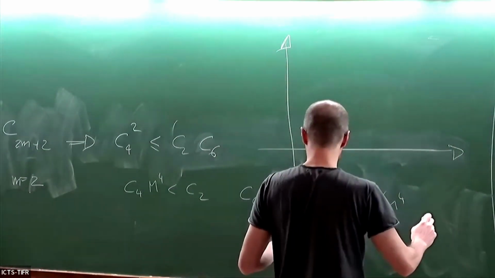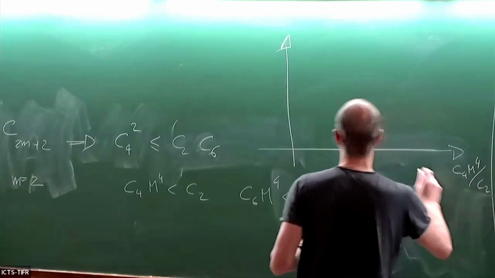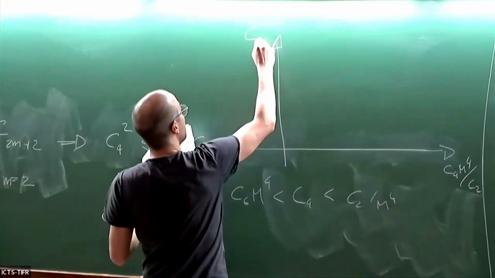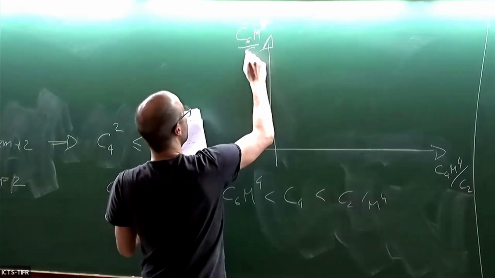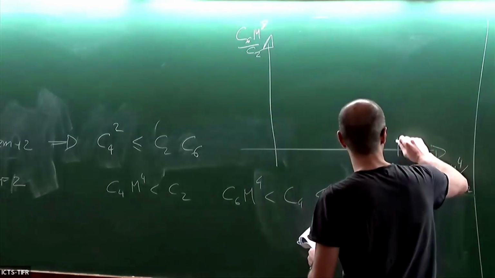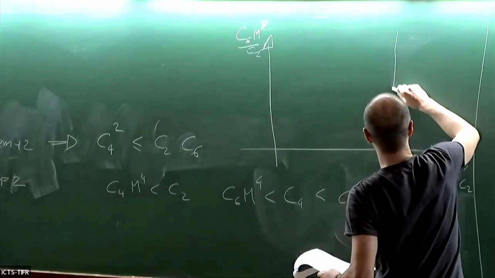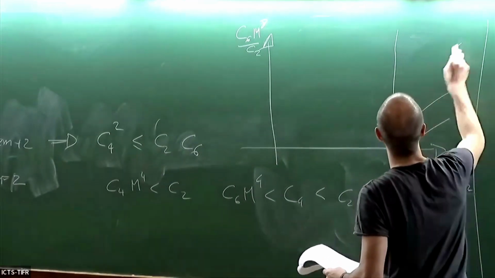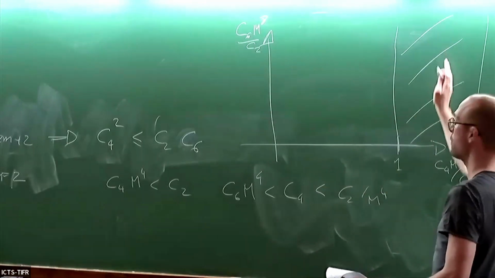Let's draw them. C4 m^4 divided by C2, and C6 m^8 divided by C2. So there is a boundary here. This thing cannot be larger than 1 by monotonicity. Okay, so this region is gone. So not only is it positive, but this ratio cannot be too large.